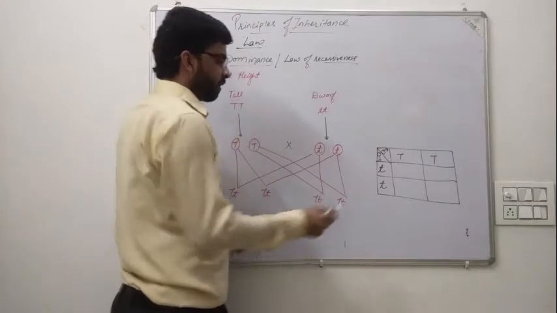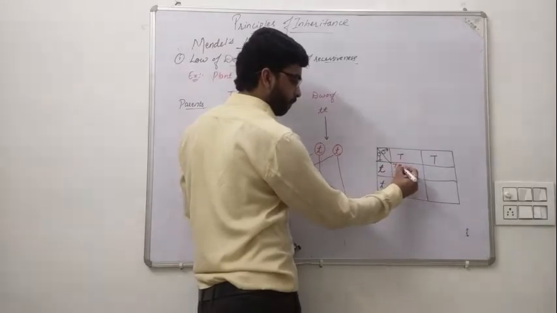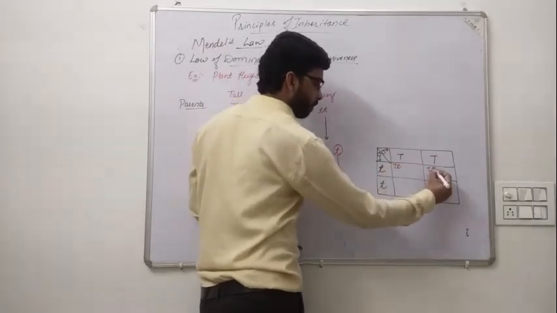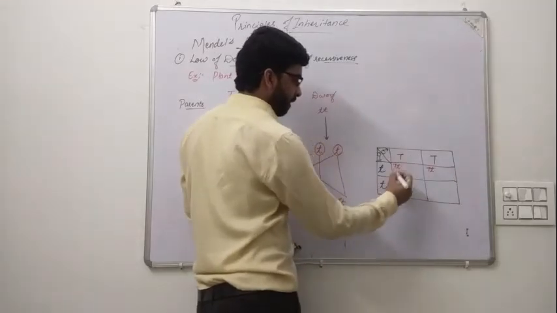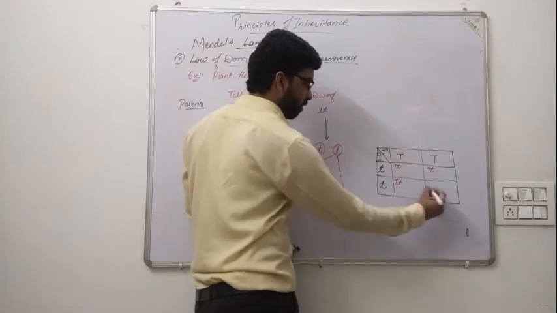Here, capital T is crossed with small t, again capital T crossed with small t, capital T crossed with small t, capital T crossed with small t.